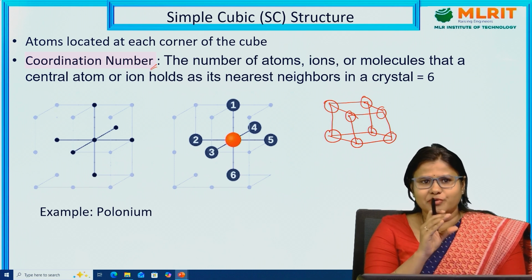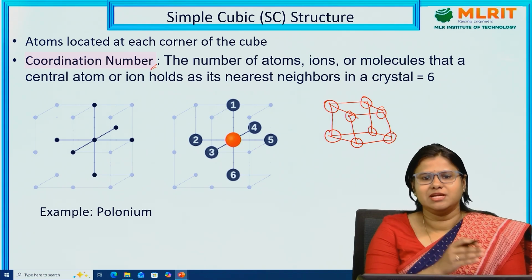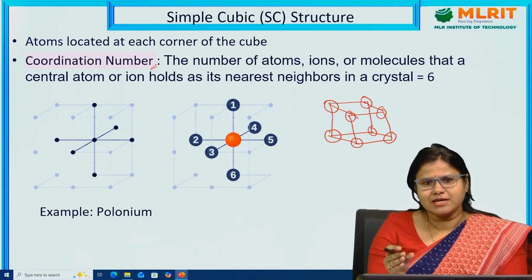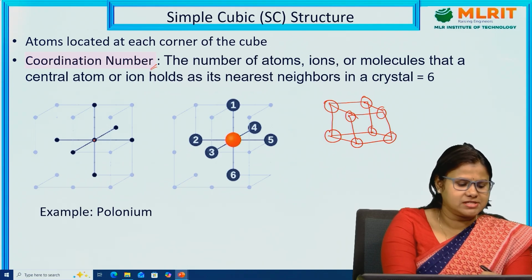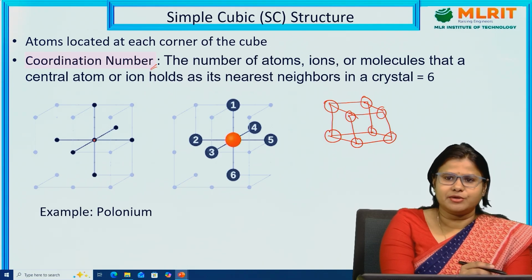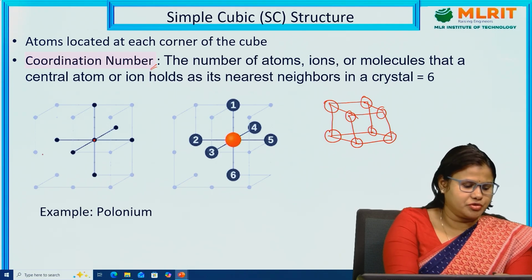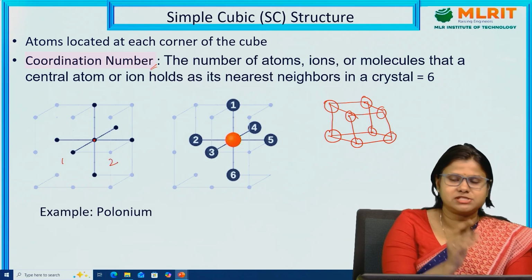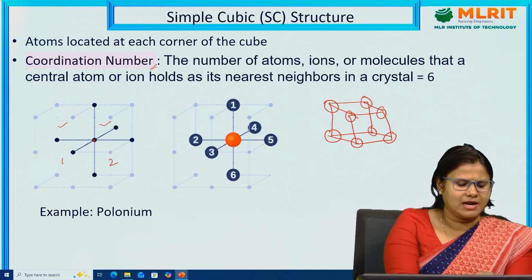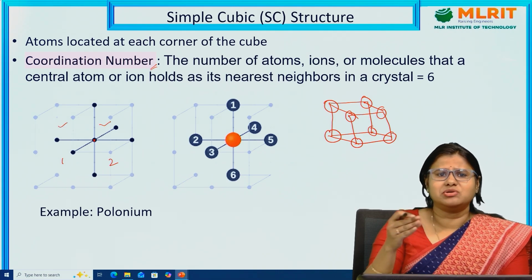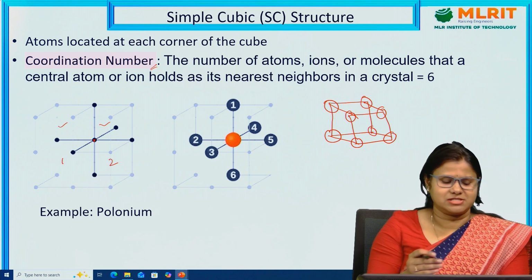That means if we repeat these unit cells in each direction, we get a complete crystal. If we consider a corner atom of a unit cell, you can see this is one unit cell and this is the second unit cell next to it on the right, and on the top we have another unit cell, and like that we arrange unit cells in all directions.